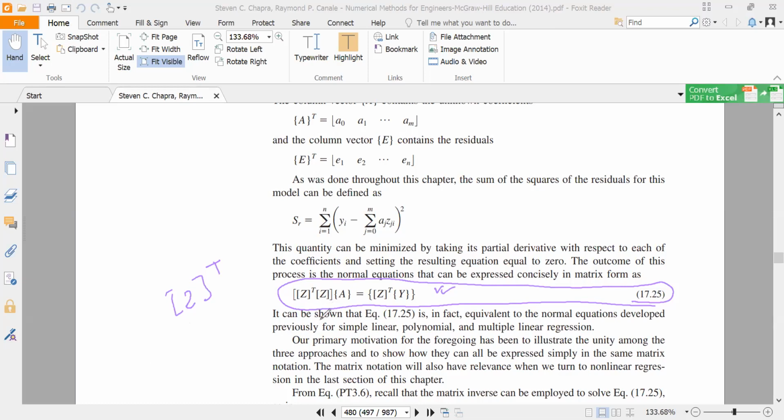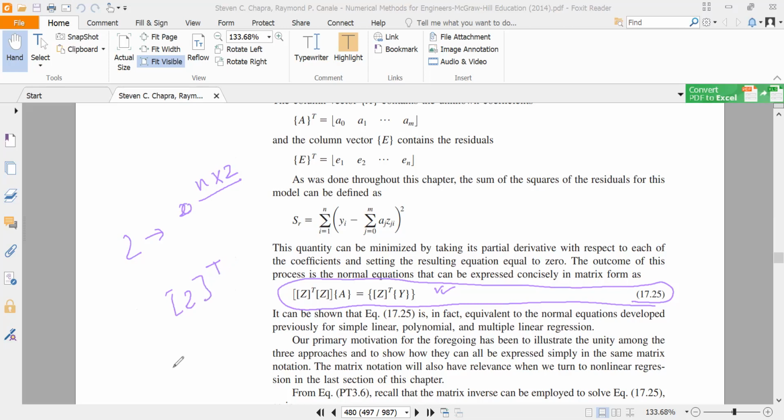But sometimes, if you have two unknowns and n data points, your Z matrix can have the dimension n by 2, the first index signifying the row. Matrices cannot be multiplied randomly unless they satisfy a certain condition.